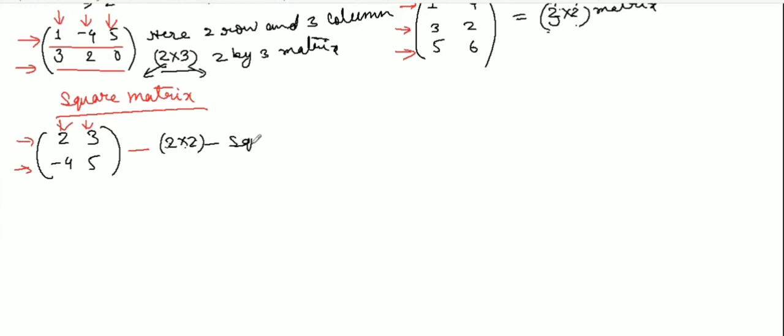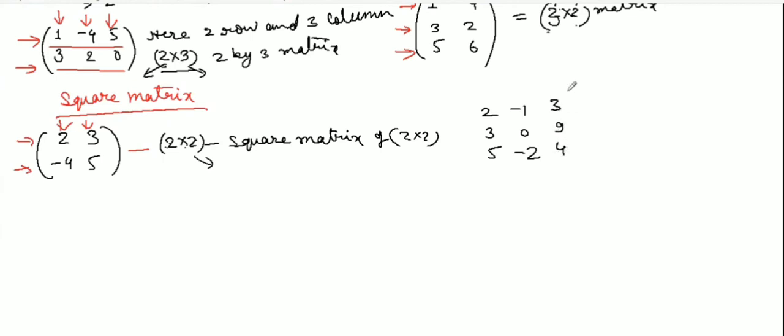So this is called a square matrix of 2 by 2, or you can say a 2 by 2 square matrix. Now if you write down 2, 3, 5, minus 1, 0, let's take any numbers, I'm just explaining the matrix, so 3, 9 and 4.